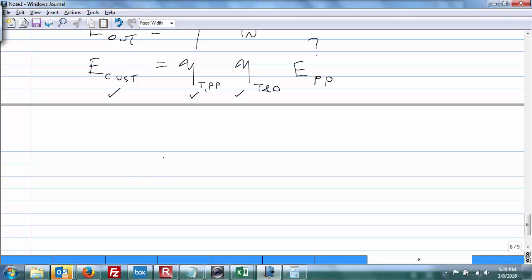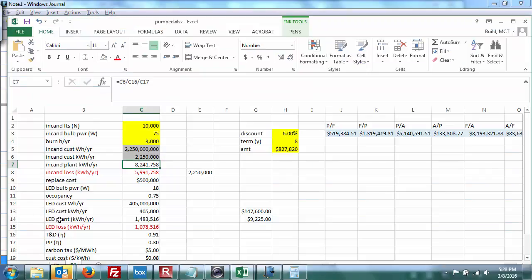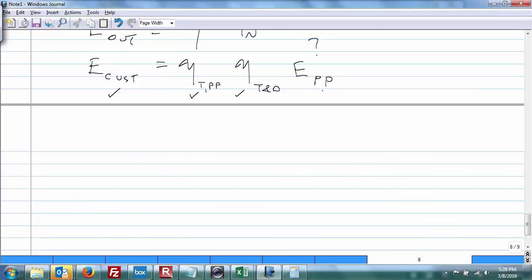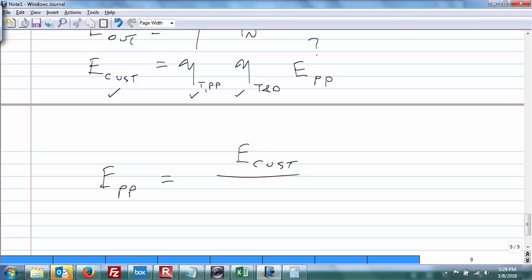I think that's the way I had it here. PP for plant, so the P is power plant. Now, we don't know energy power plant, so EPP equals energy CUST over thermal efficiency times transmission and distribution.